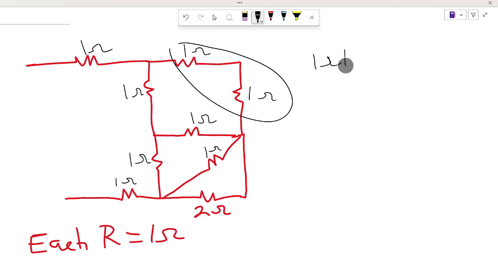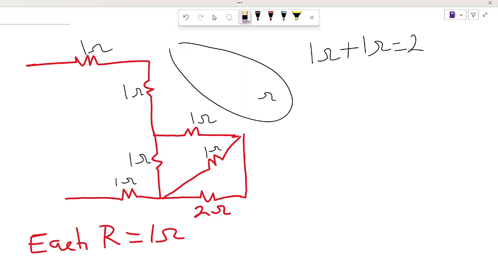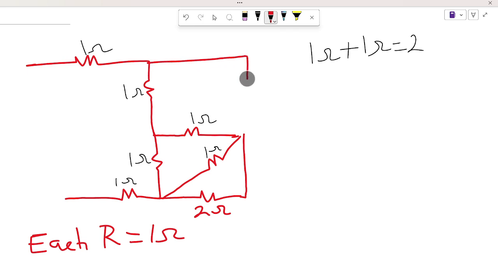So 1 ohm plus 1 ohm is equal to 2. So we can simplify that section to also give us 2 ohms.